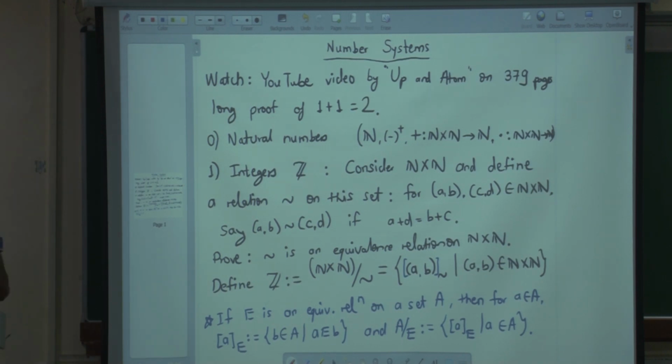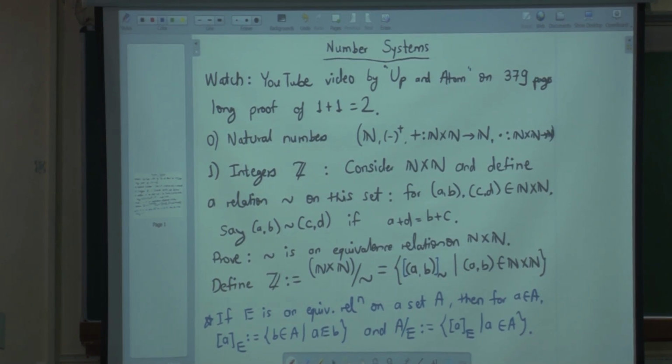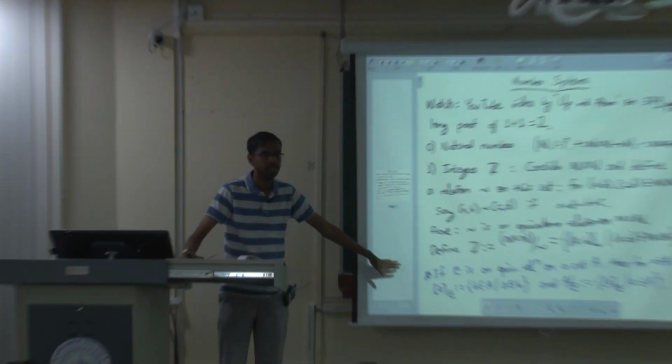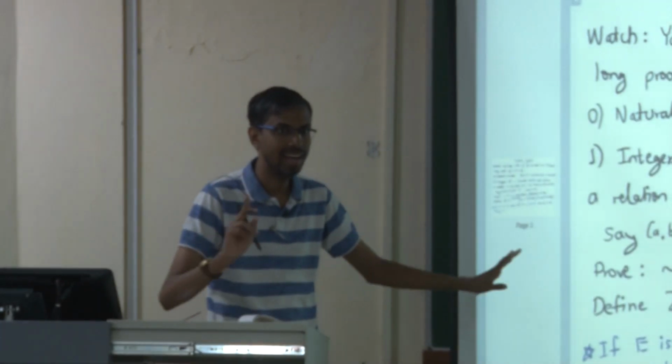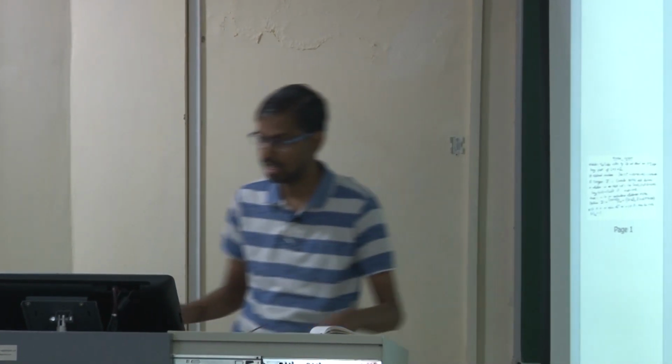These equivalence classes will form a partition of your set. Yeah, all of you know this? Yesterday I asked you for this specific reason if you know this. So just make sure you write these square brackets around these ordered pairs over here.